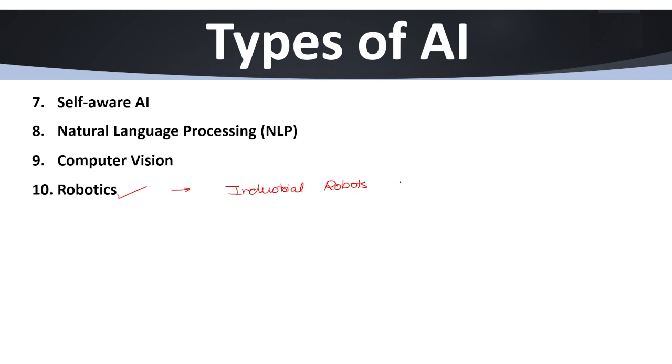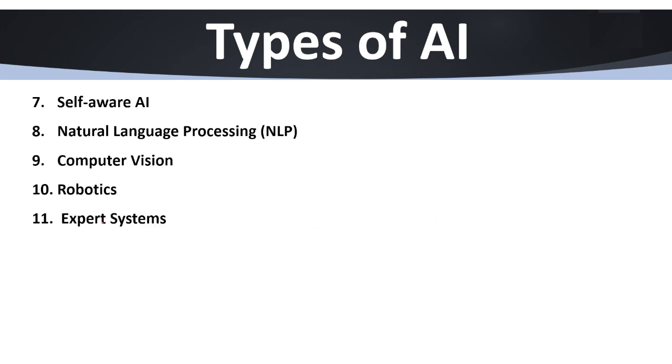So robots used in manufacturing, for example, robotic arms in automotive production. Another example can be Boston Dynamics robots, advanced robots like Spot that can navigate complex environments. So all these are examples of robotics AI.